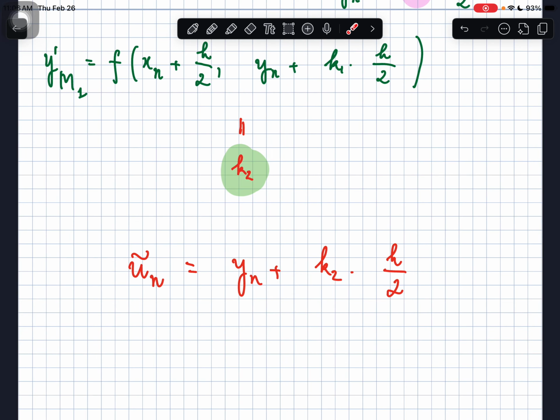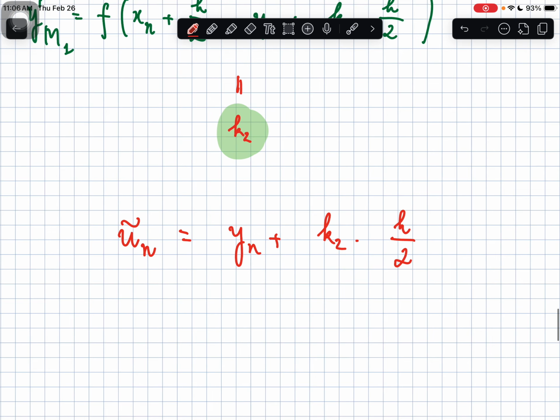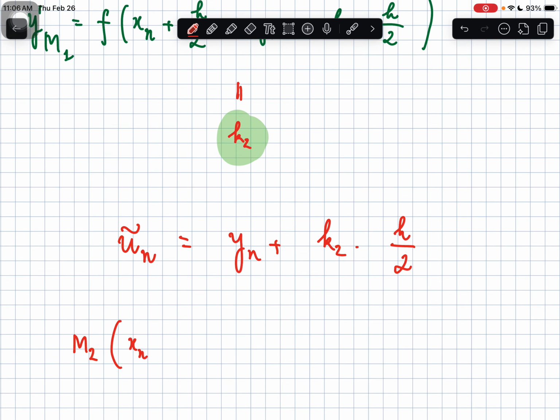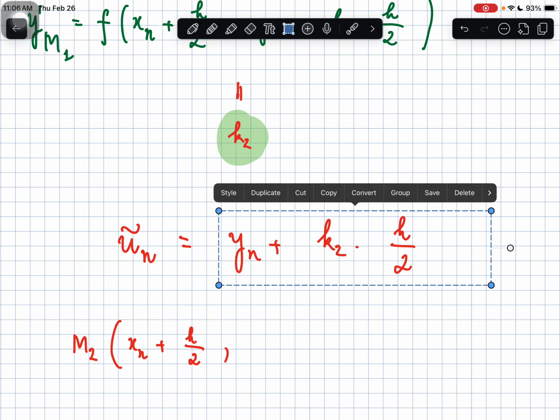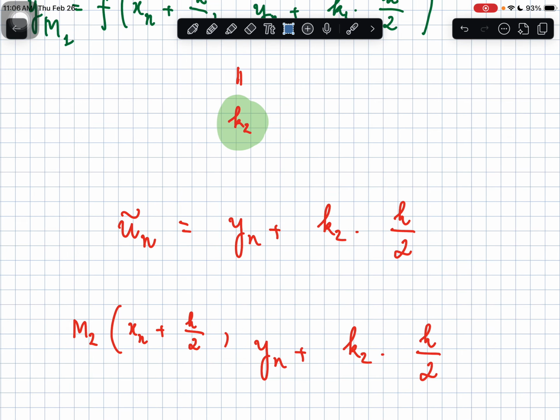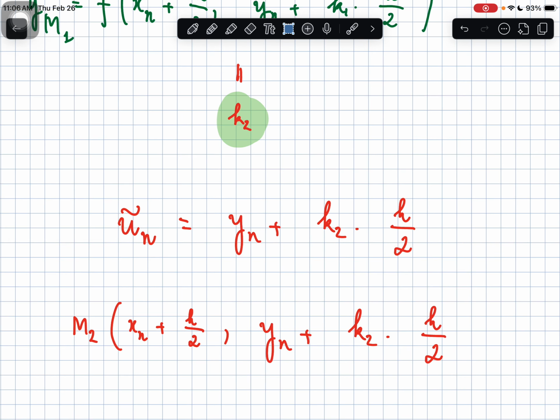Un tilde is a bit different from un, so we have a new point, m2. M2 is xn plus h over 2, un tilde. That point is our m2.